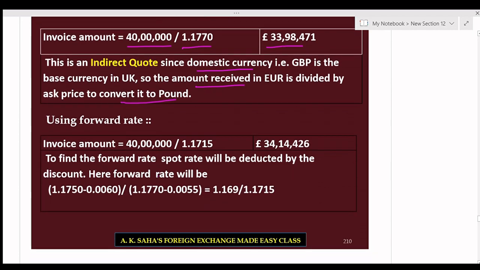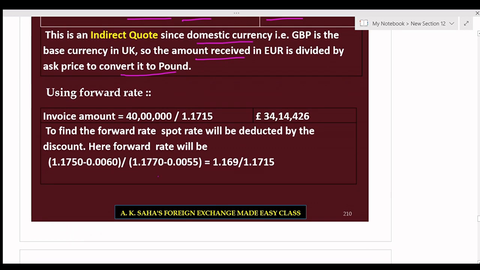Using the forward rate. First of all, you find out the forward rate: 1.1750 minus 0.0060, 1.1770 minus 0.0055 is equal to 1.1715.